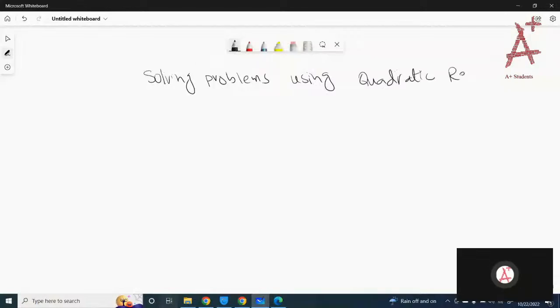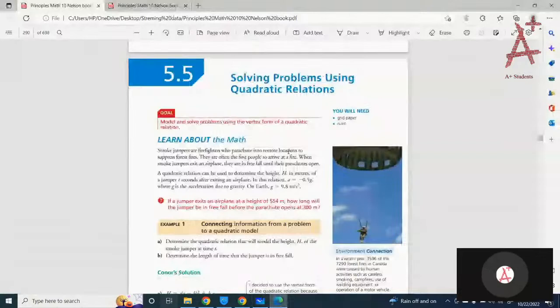Page 285 in the book. So let's start with the topic, that is 5.5, solving problems using quadratic relations.